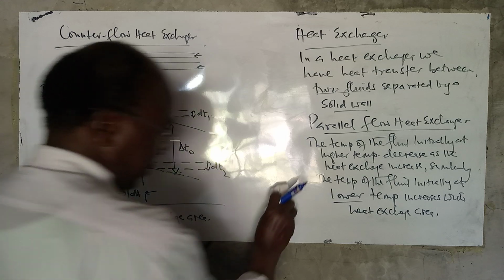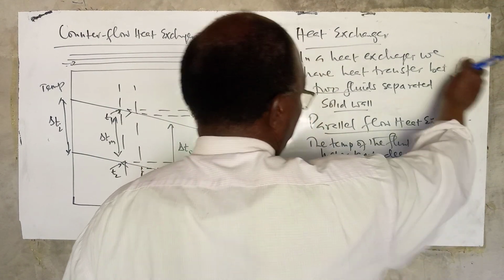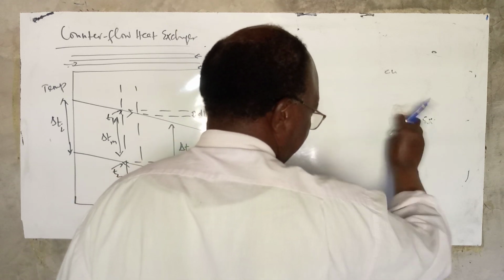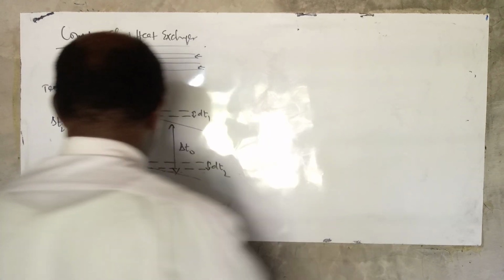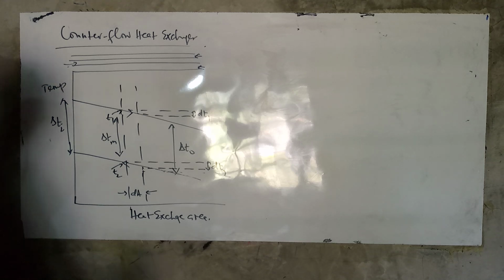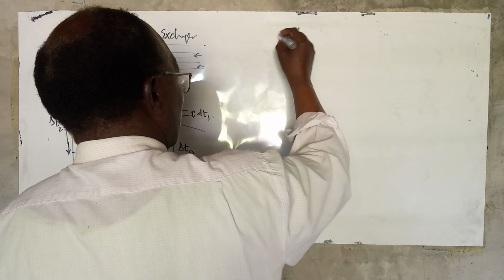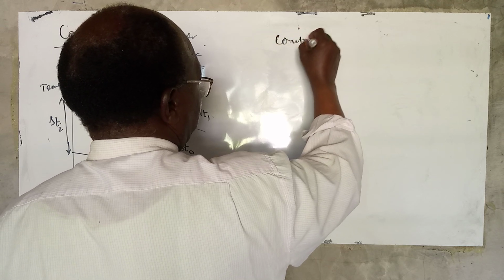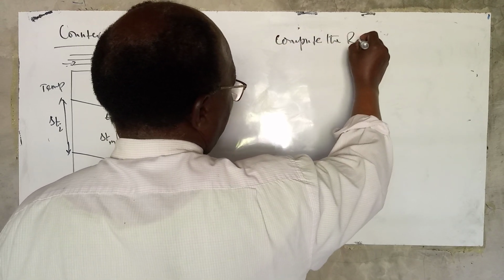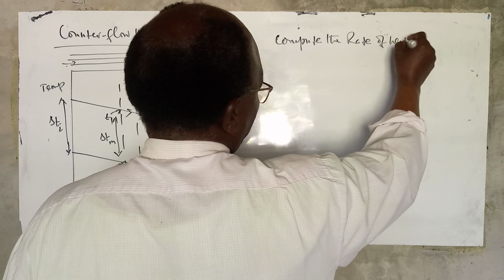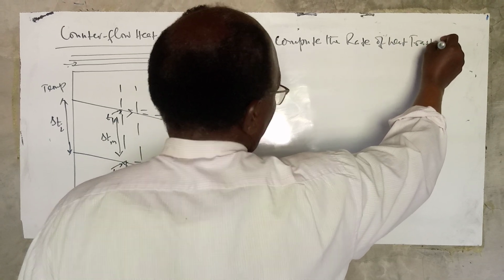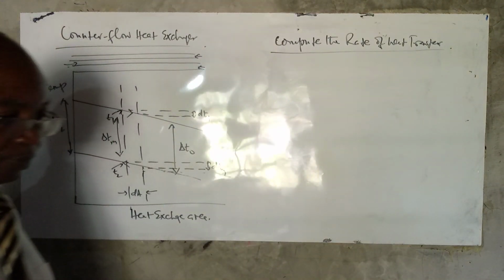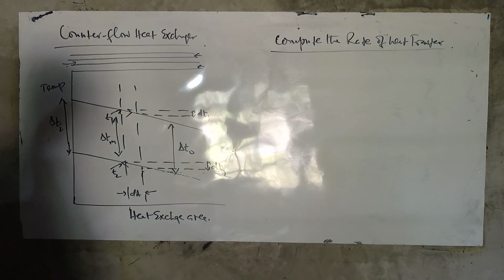Now, for us to compute the rate of heat transfer, remember, we need to know the mean temperature that is between those two fluids, which is what we have there, delta Tm. So, to compute the rate of heat transfer, that will be very simple.